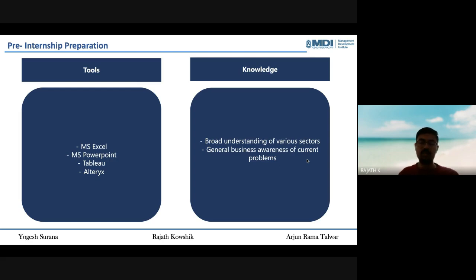And the second aspect, of course, is we need to be aware of the current problems that industries are facing, because these would generally be, broadly speaking, in line with the problem statements that one would have while being put on actual cases. Right? So these are two critical elements. What I will also do in order to help some of you to improve your awareness on all of this is I've taken some of these courses.